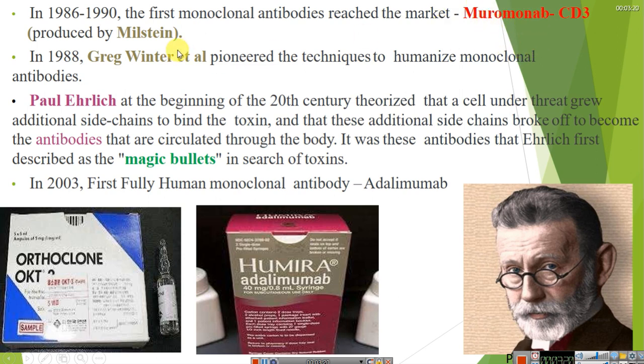It was produced by Milstein. This is the drug, that antibody, muromonab. Okay, and in 1988, Greg Winter pioneered the technique to humanize the monoclonal antibody. What does humanize mean? What is a humanized monoclonal antibody? We will shortly see.